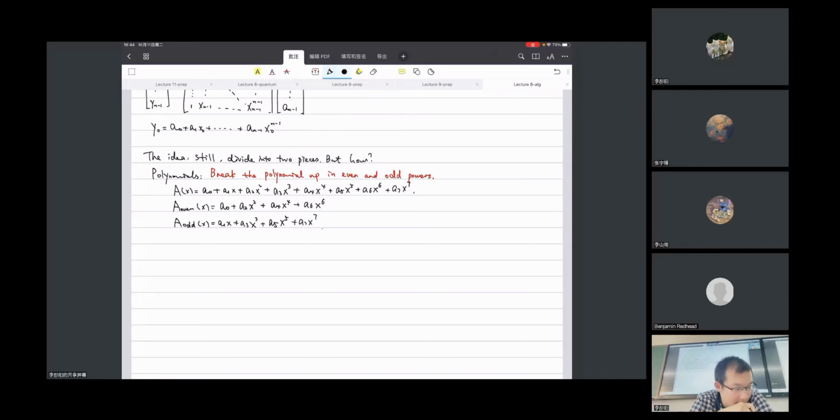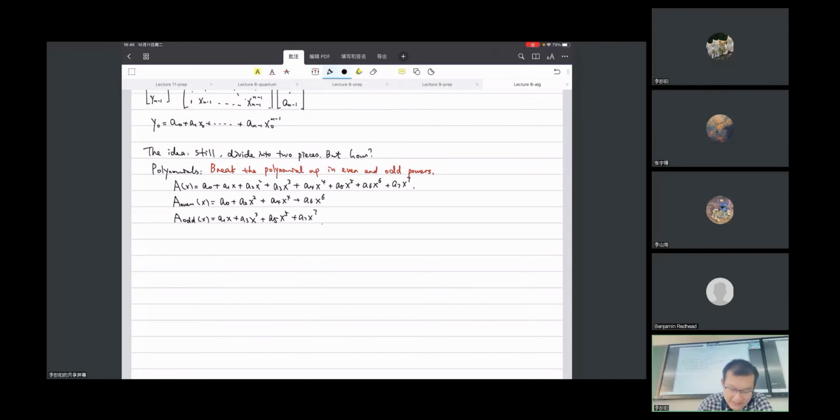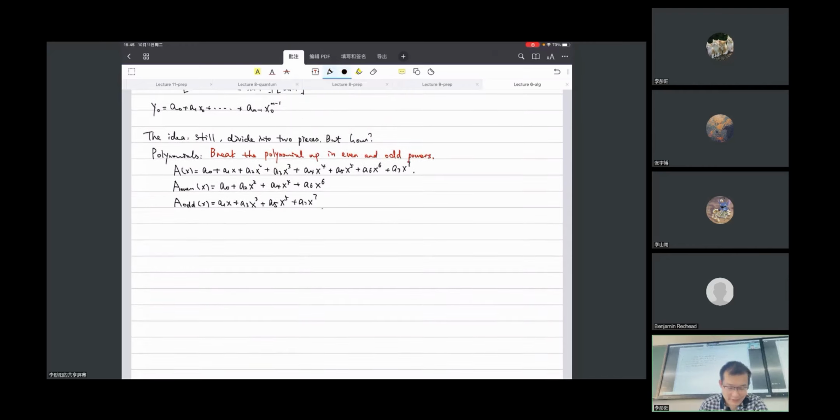So what is the benefit of doing this? A significant benefit that we can see here is, what if we want to represent the value of A(x) by A even and A odd here? So we can clearly see that for A even here, we can basically write something like this.